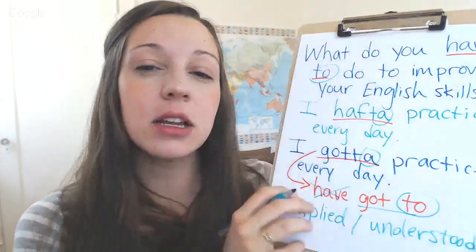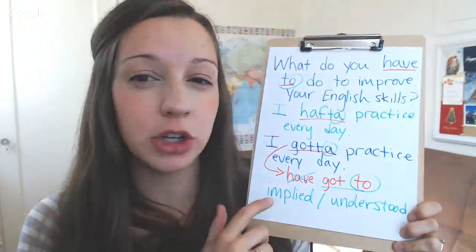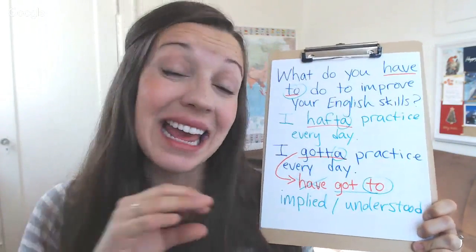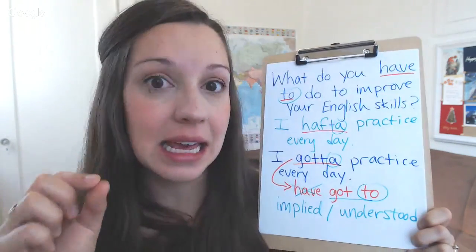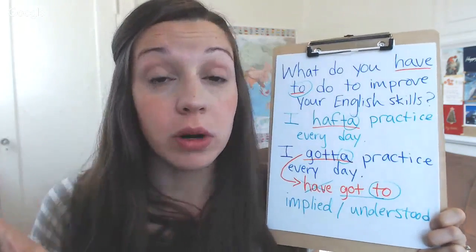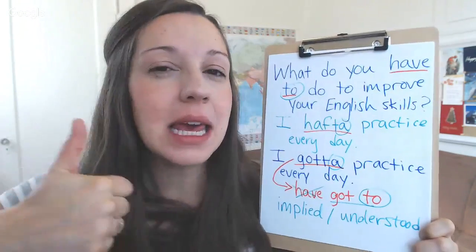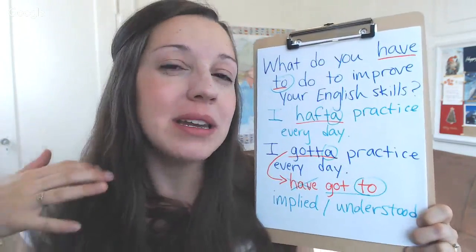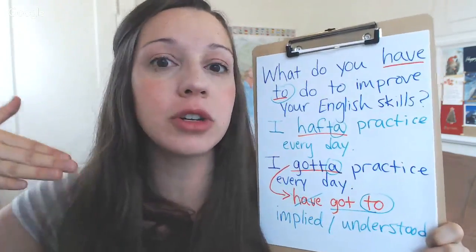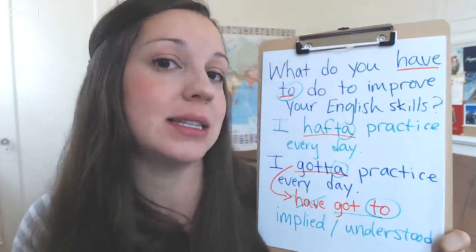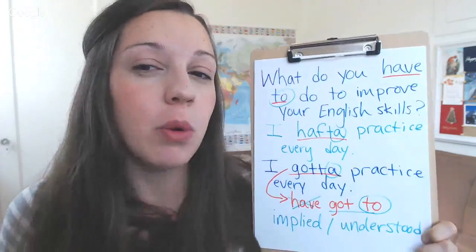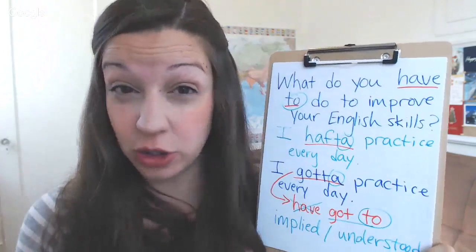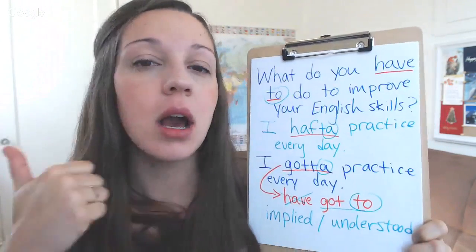And this is a challenging concept in English because it means that in the sentence, you're not going to hear and you're not going to see each word. One word or some words are completely cut out of the sentence, but native speakers already understand that it should be in that sentence. So they already understand that it needs to be there. But when we speak, or in some situations when you write, it's cut out.